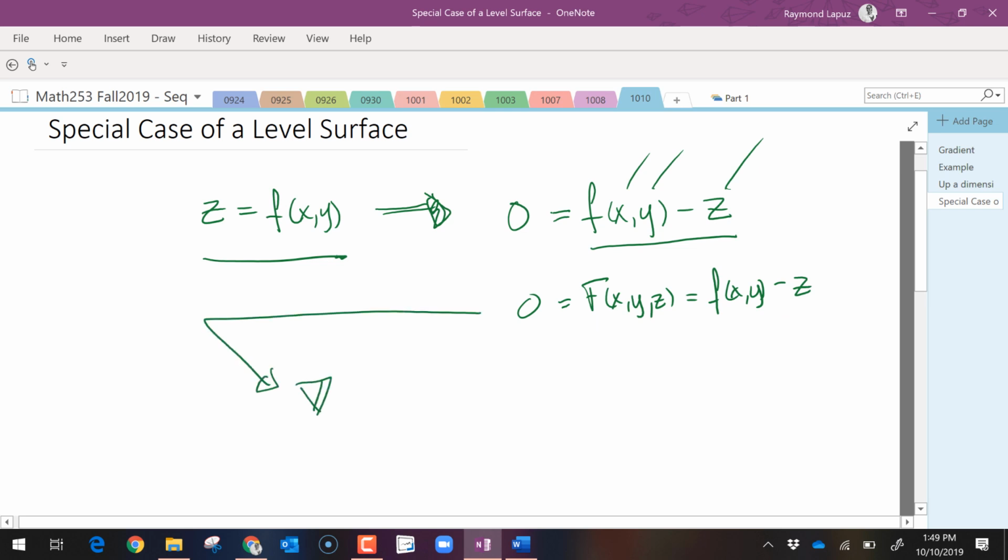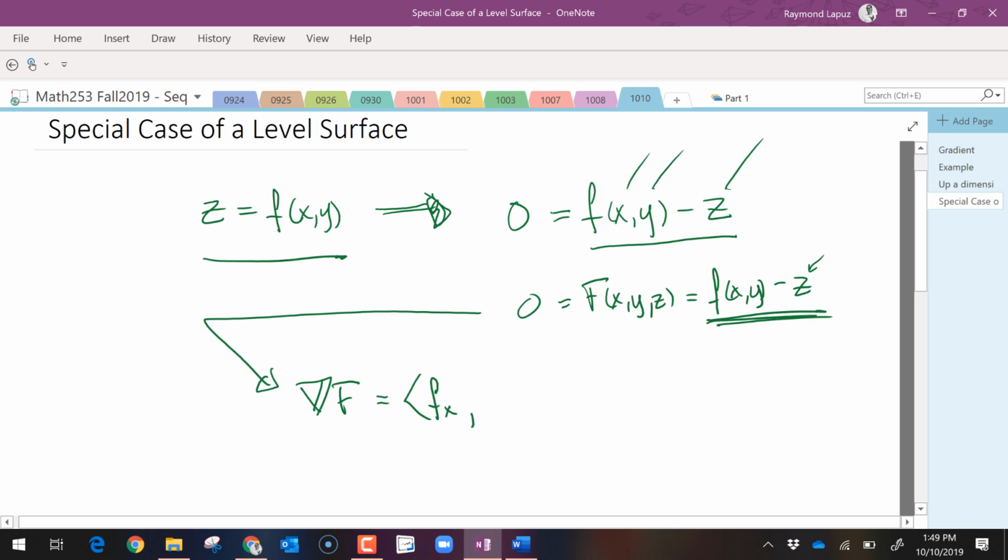What's the gradient of capital F, that four-dimensional level surface? It's the derivative of the newly made function with respect to x and y and z, right? And it's the derivative of this function with respect to x. Now, this is just a variable z. There's no x's in there, so it's just little f sub x, right?